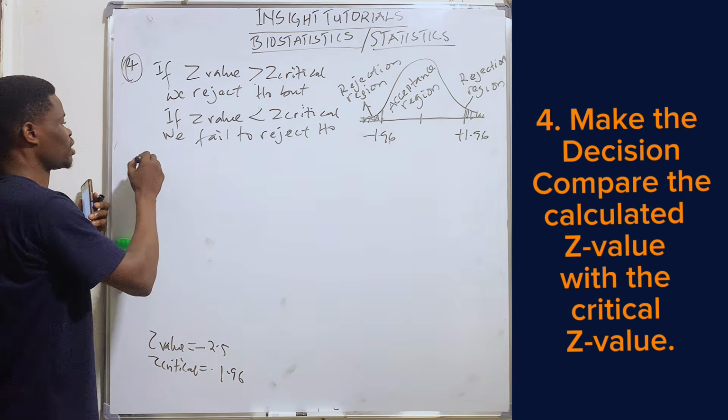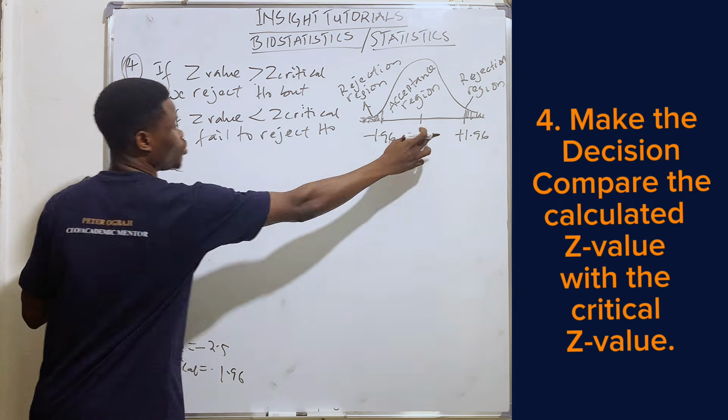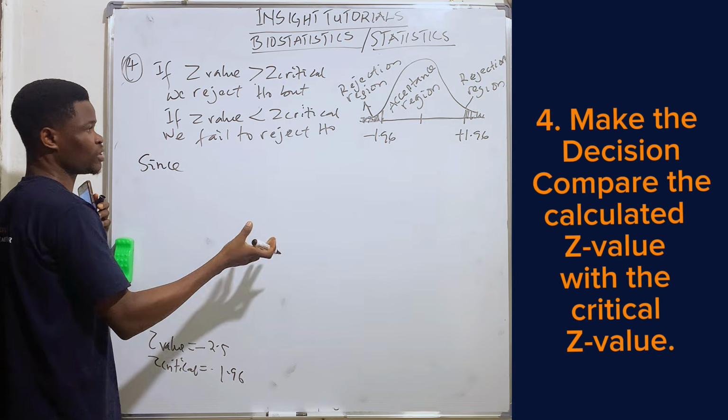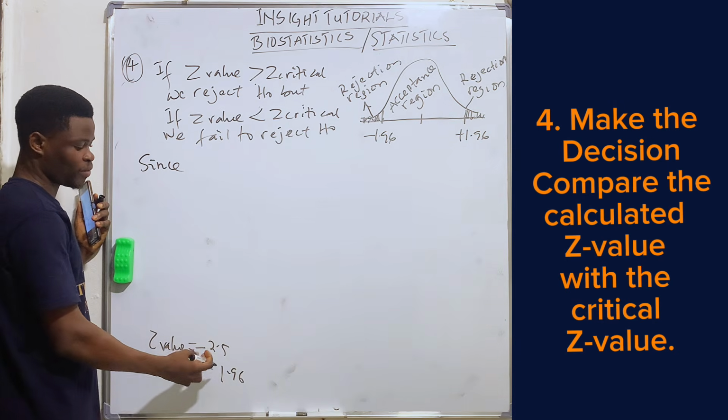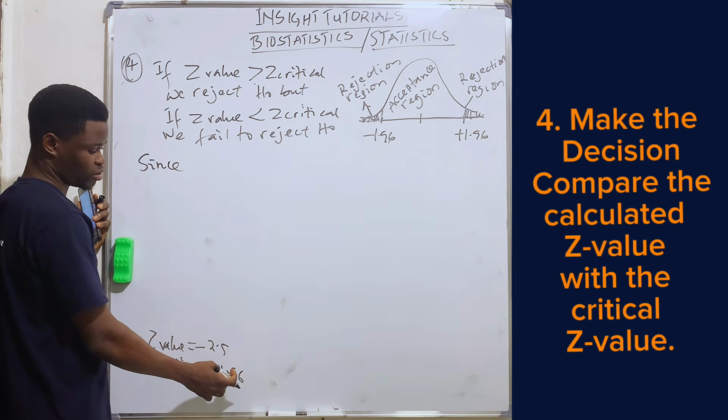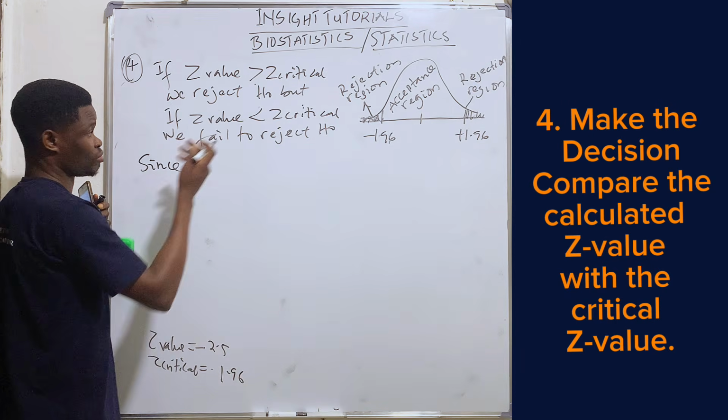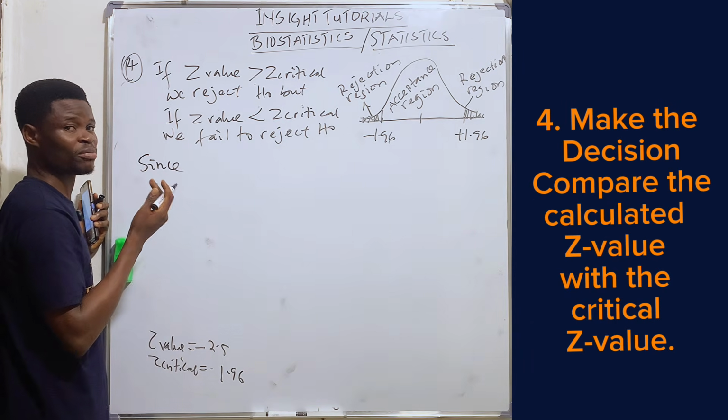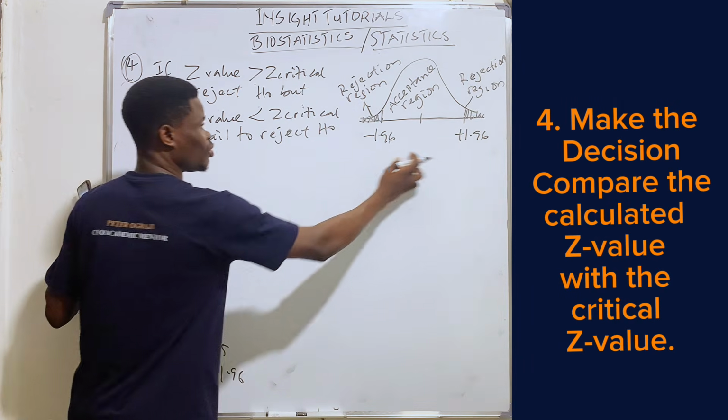All right. So we're going to use this because obviously, yes, minus 2.5 is less than 1.96. Of course, we'd have said we fail to reject, but we will not, because we're looking at this range now.